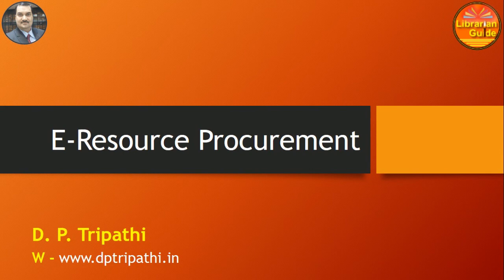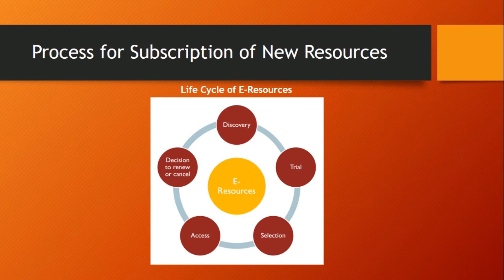So generally we know that we follow this procedure. This is the life cycle of e-resources, where first comes discovery. Once the product is discovered and identified, it is put on trial. Once the trial is over, based on the uses, we select the product for use by the users.